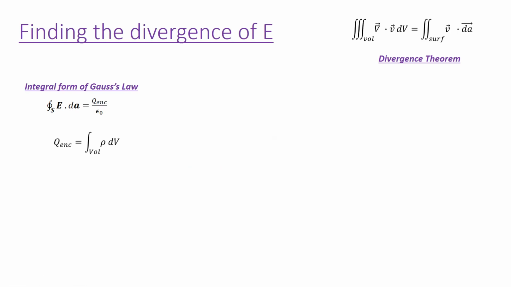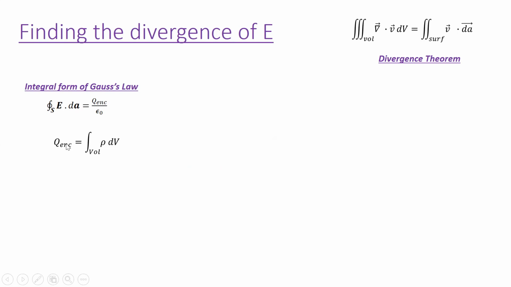And then notice that for a given volume, the enclosed charge can just be written as the integral over the volume of the charge density times the volume element.